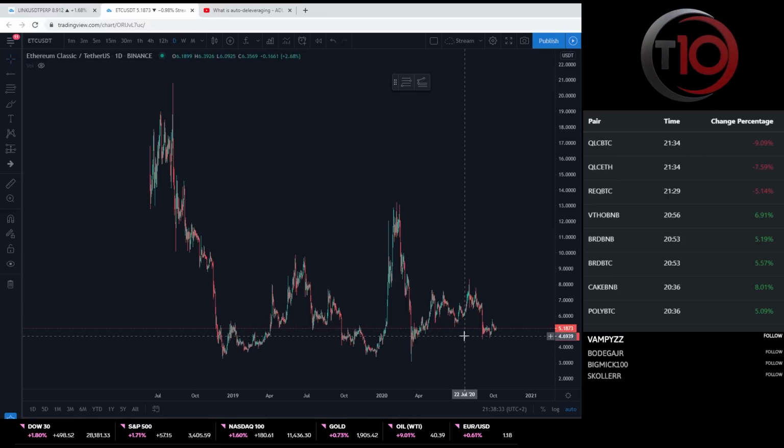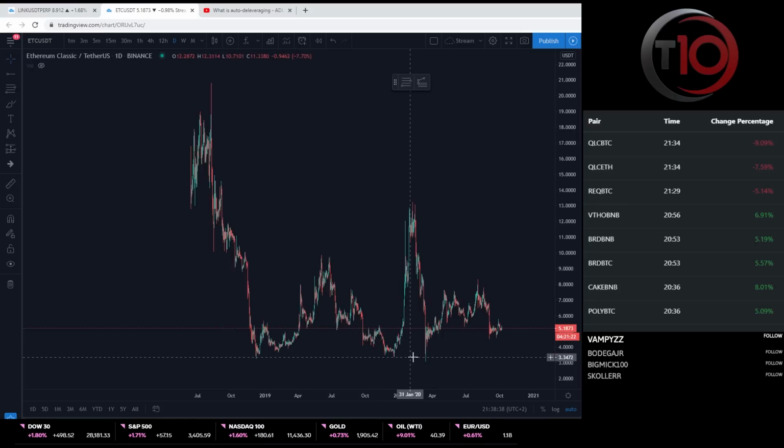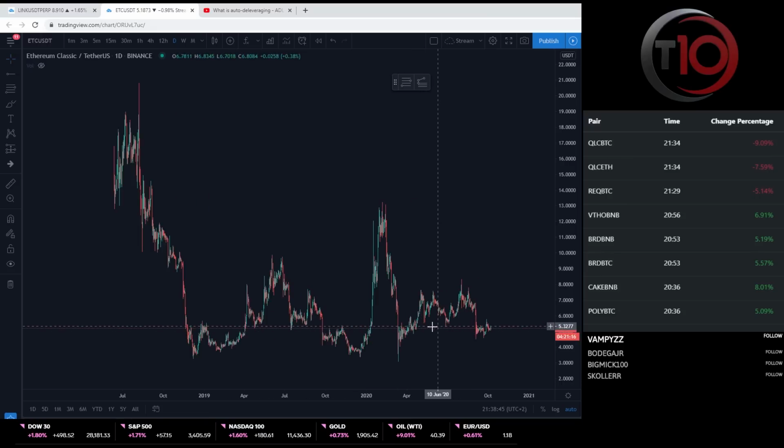Trying to hold this area at least. It wants to hold here. We don't want some double bottom stuff going on. It's actually, really don't want it to go below here.